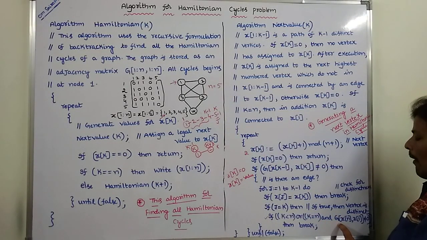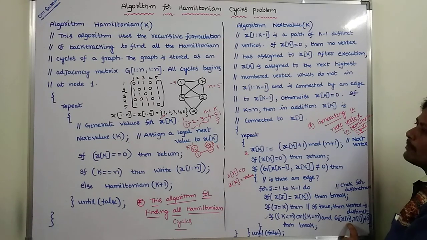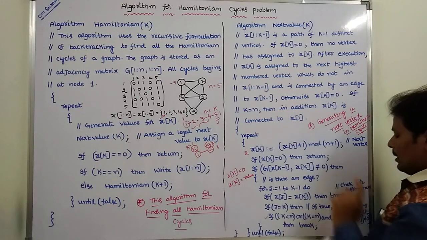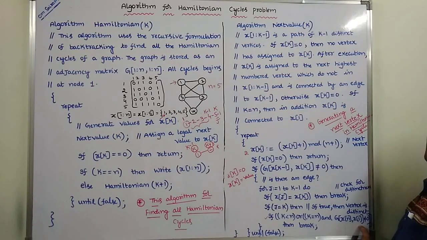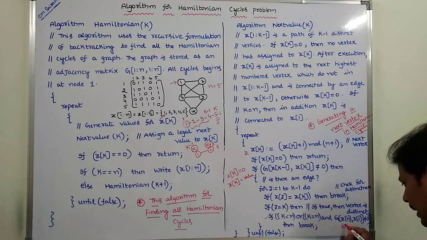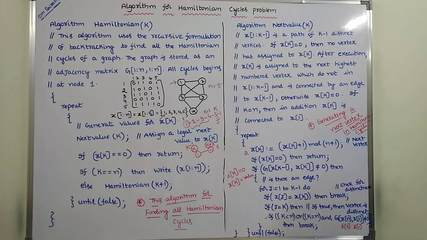And g of x of n comma x of 1. x of n means x of 5, and x of 1. The x of 5 value is 5 and the x of 1 value is 1.